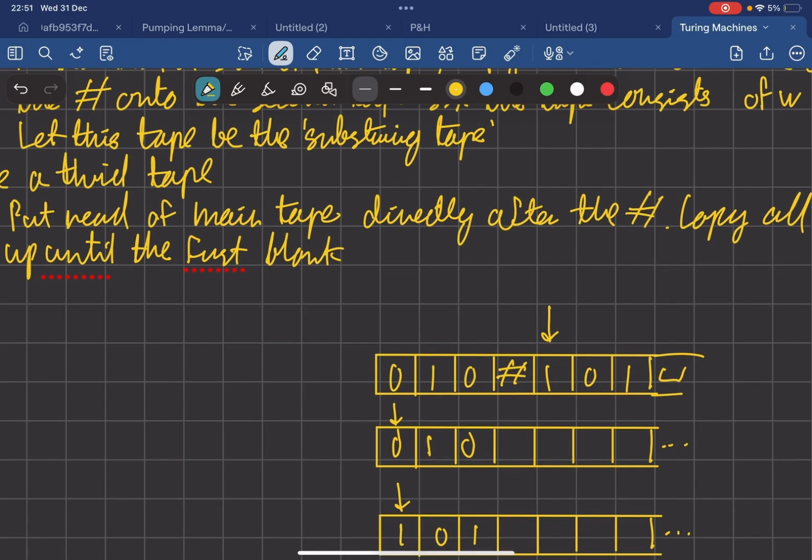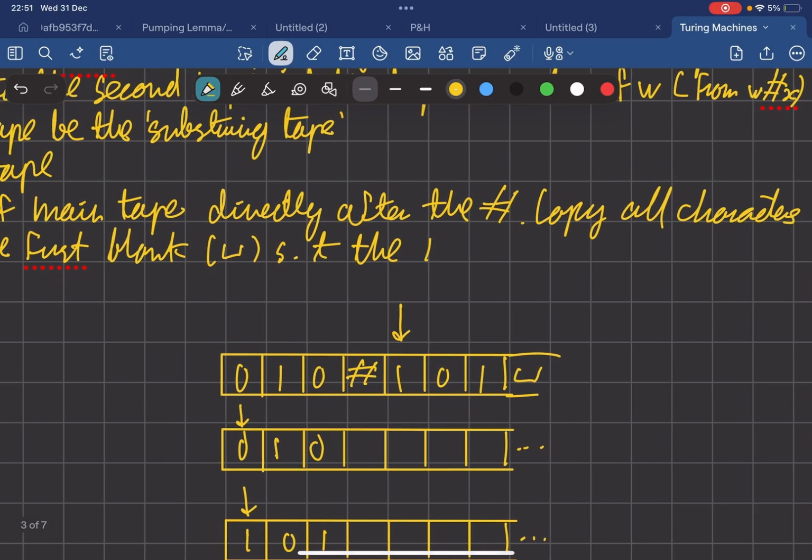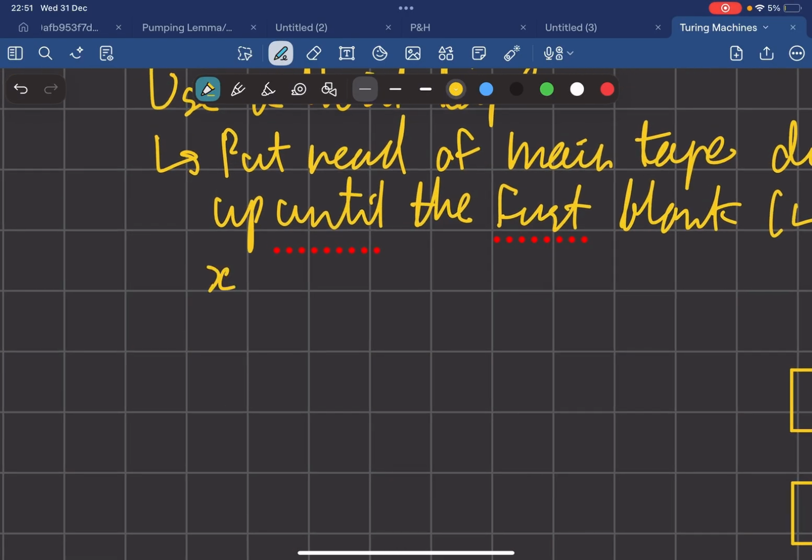And if we do this, then this tape should contain X. So it consists of X from the original string, which was in the form of this.